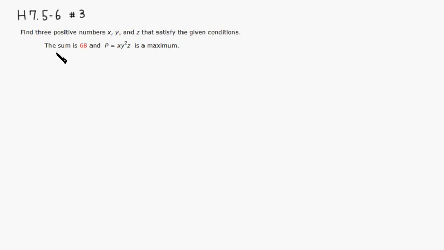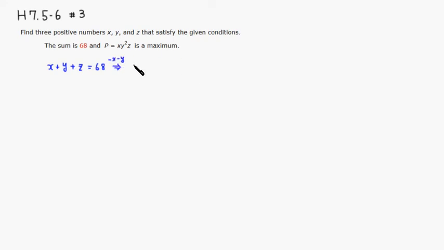First, since the sum is 68, we can write it as x plus y plus z is equal to 68, right? So I'm going to just solve this equation for z by subtracting x and also subtracting y.